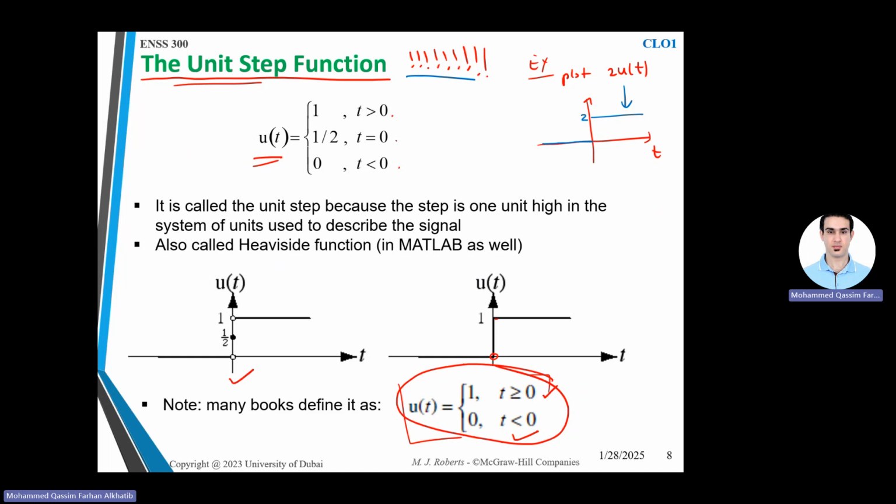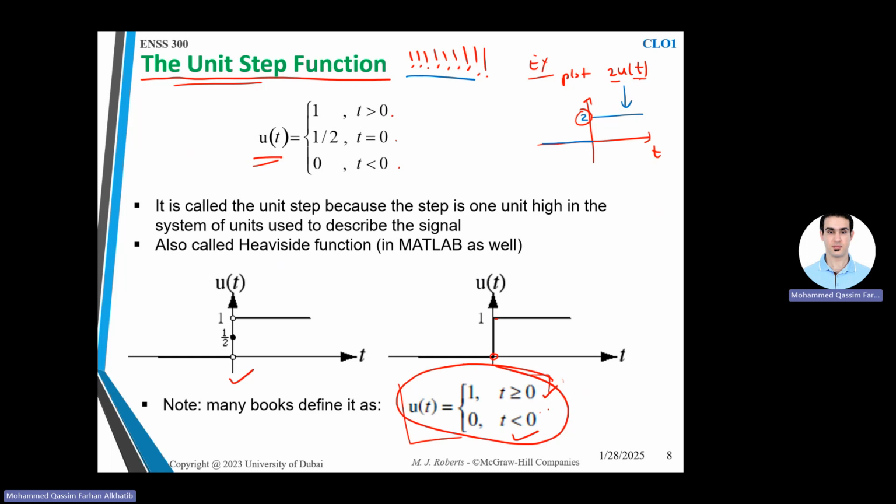Basically, it says that for positive points in time, the value is 1. For negative points in time, the value is 0. That's it. That's the unit step function. Now, when you multiply by 2, for example, like here, 2 u of t, then the amplitude will be 2. You just scale the amplitude, and keep this in your mind, whether you multiply by 2, divide, whatever.